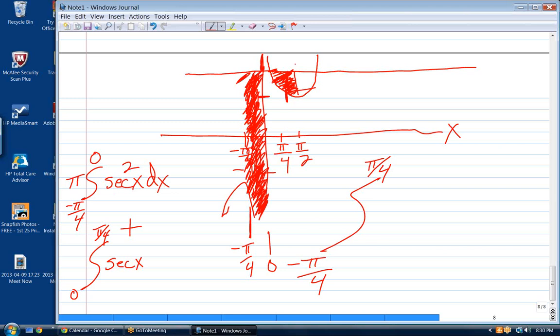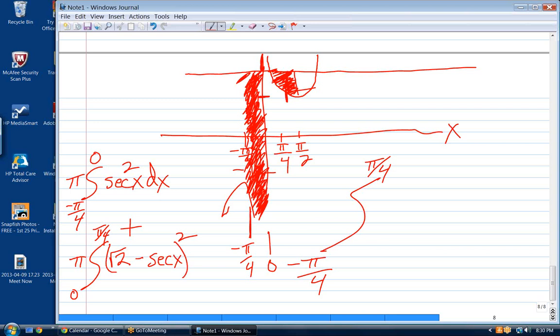And over here we're going to use washers. So this is going to be pi, well, the outside radius squared. What's the outside radius? Is that the square root of 2? Minus the inside radius, which is secant x, quantity squared.